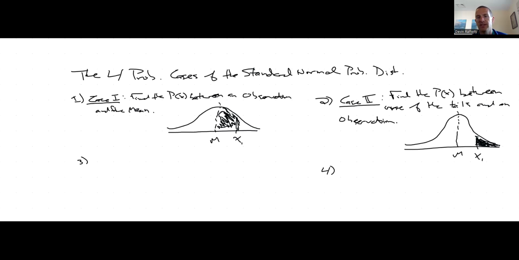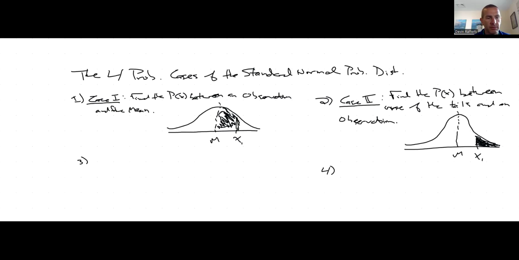So we would have to find this area, okay? If we found this area, the shaded region out in the tail, we're finding the probability between one of the tails and an observation. That'll give us the area we need, okay? If we find that area, that'll give us the probability we need, okay?